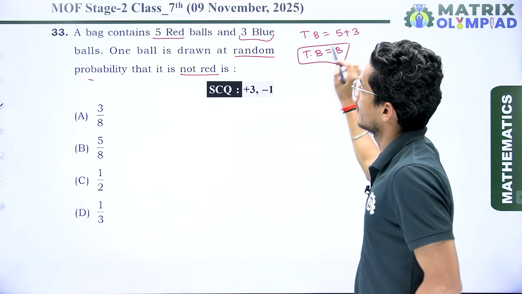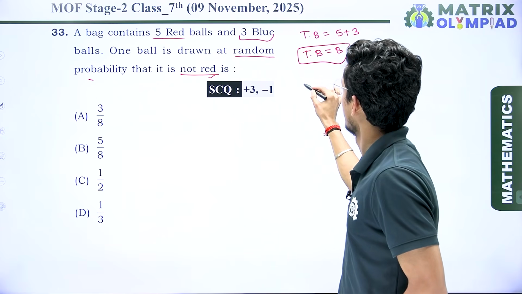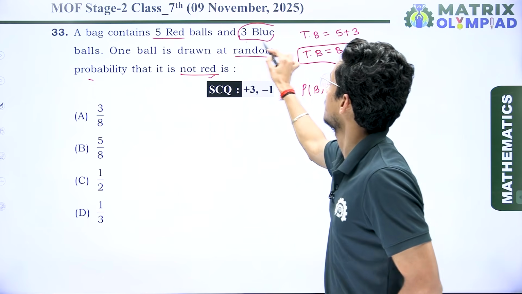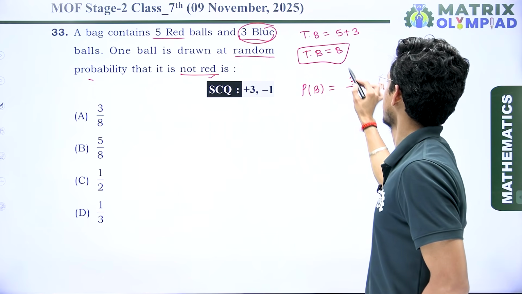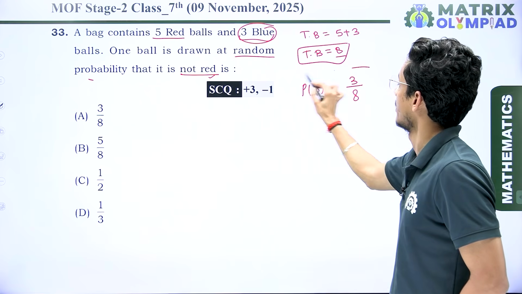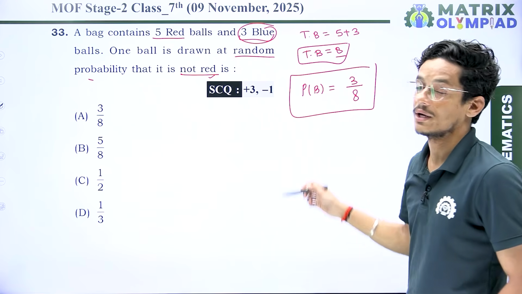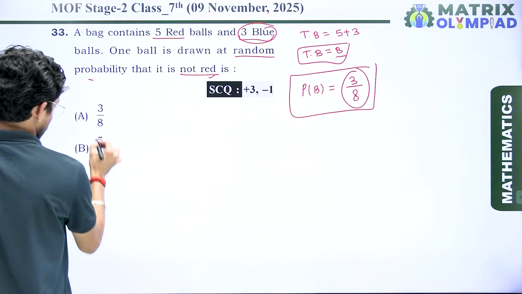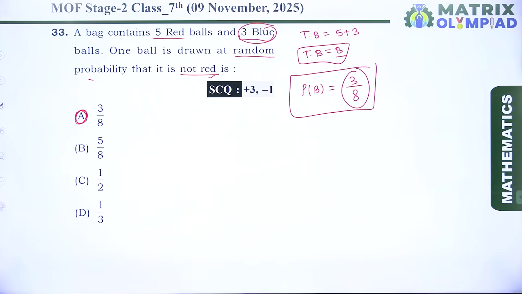We have to find the probability of not red, which means the probability of getting a blue ball. Favorable outcomes are 3, total possible outcomes are 8. So 3/8 is the probability of getting a not red ball. So option A is the correct answer over here.